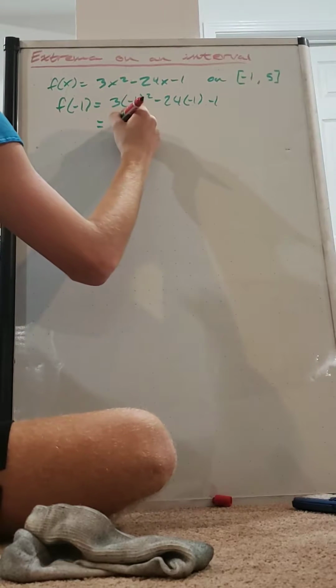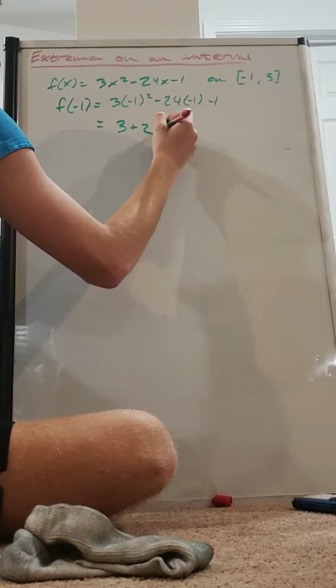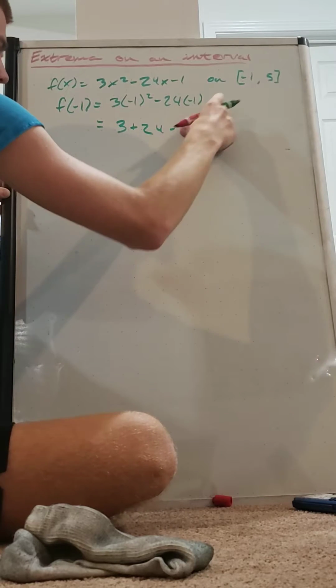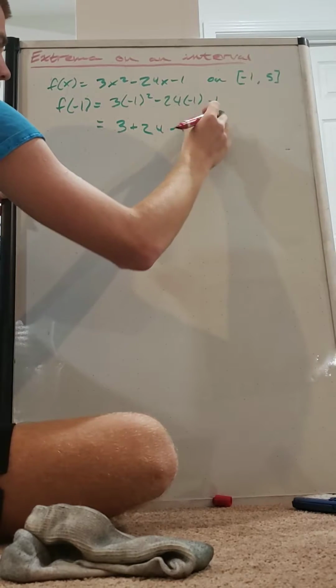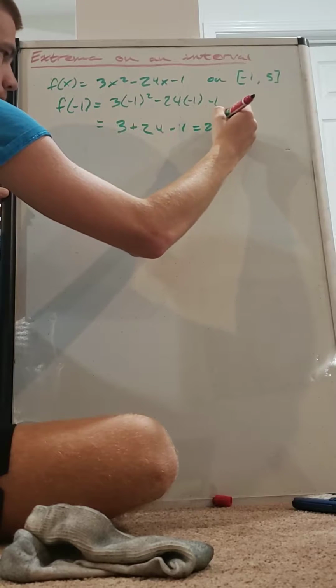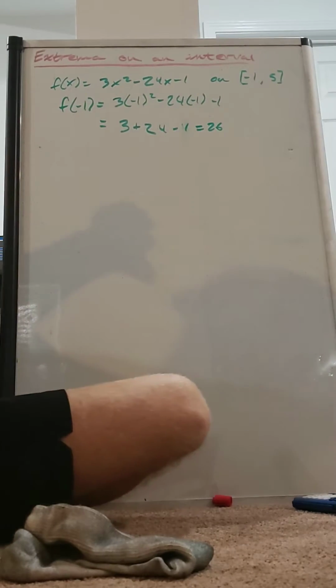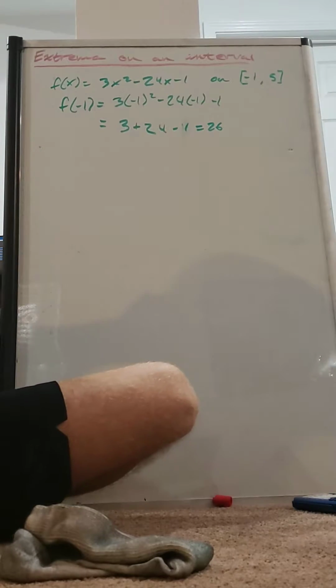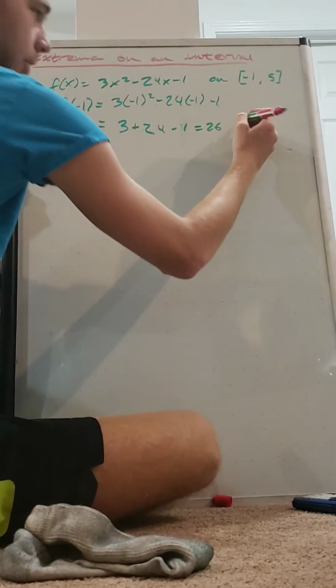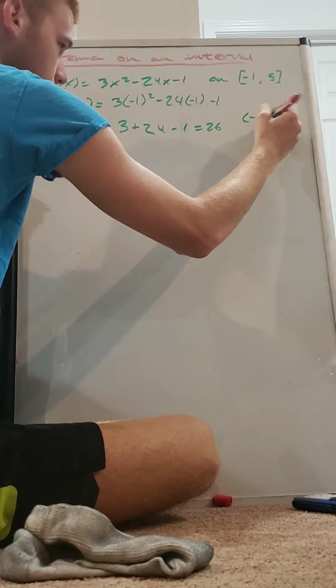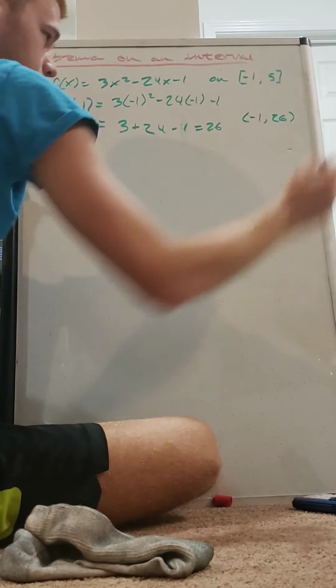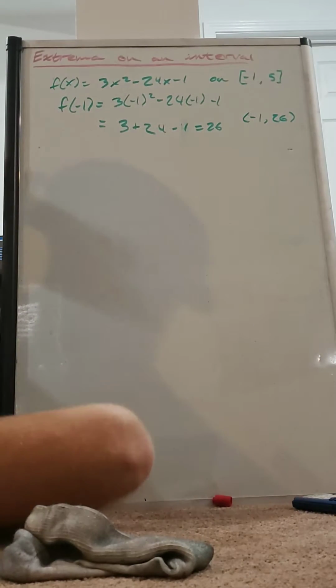That's going to be equal to 3 plus 24 minus 1, which is going to be 26. So we know that our leftmost point of this function on this interval is going to be at negative 1, 26, right? And now we got to plug in 5.